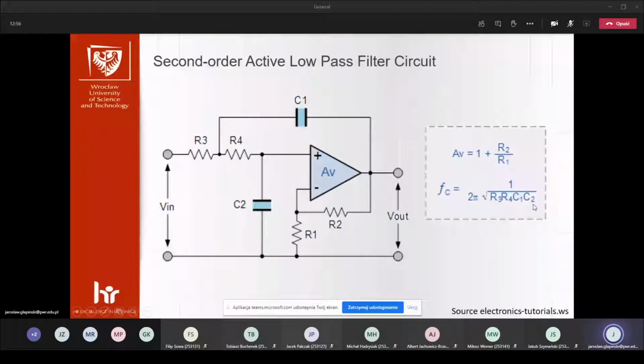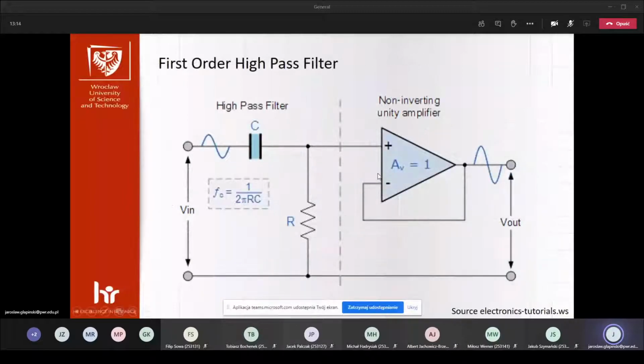So we've got the connection of these 2 resistors and these 2 capacitors. So in matter of fact, we can build any filter we want, but I will tell about this later. Similarly, we can build a high pass filter.